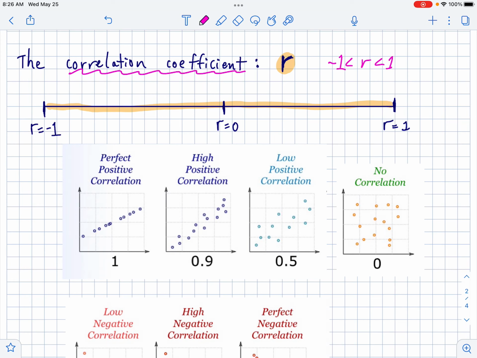So if you think about this whole line of correlation, things that are closer to +1 are strong positive correlation. Things that are closer to -1 are strong negative correlation.